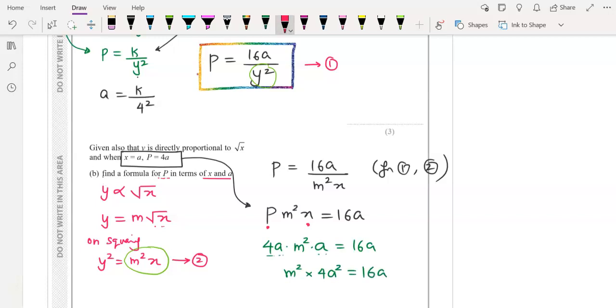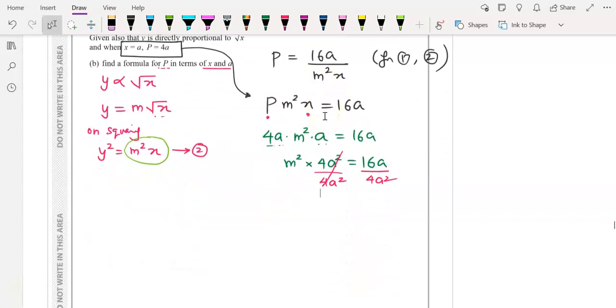I want m square alone, so divide both sides by 4a square. This will cancel out. So we get m square equal 16 divided by 4 is 4 and 1a will get cancelled. So we get left with m square is 4 by a.